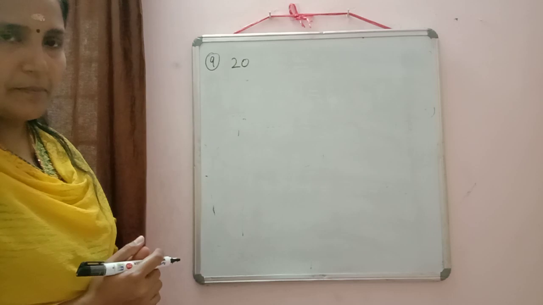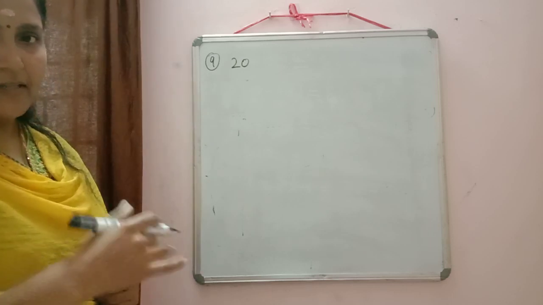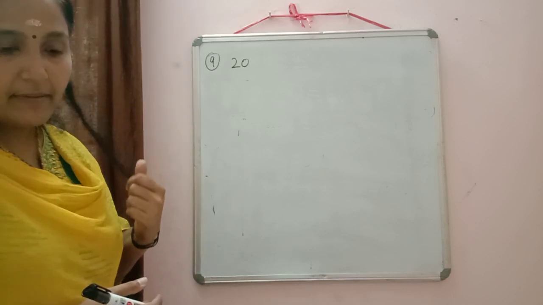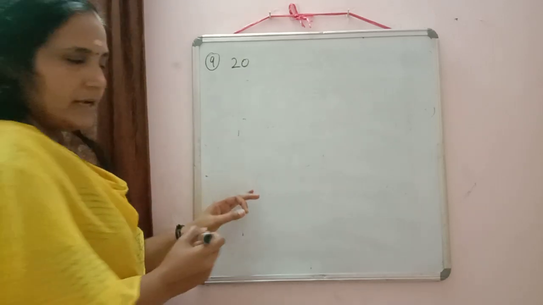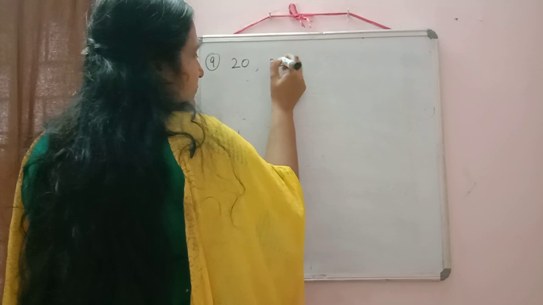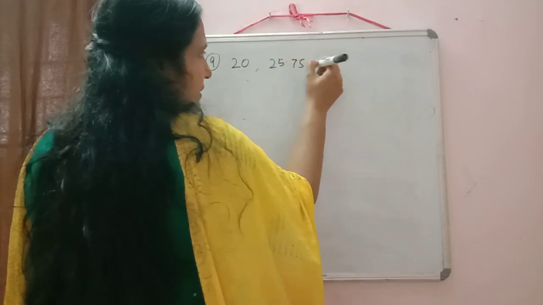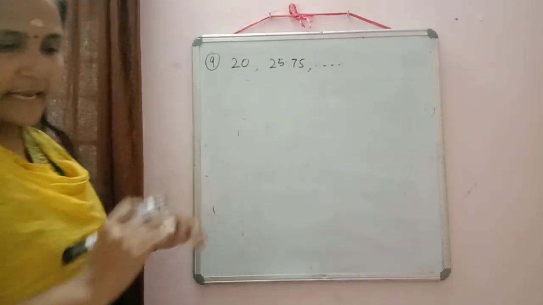So in the first week, suppose I saved rupees 20. So in the next week, how much I will save? 20 plus 5.75, so that will be equal to 25.75. So in this way, I am going on saving.